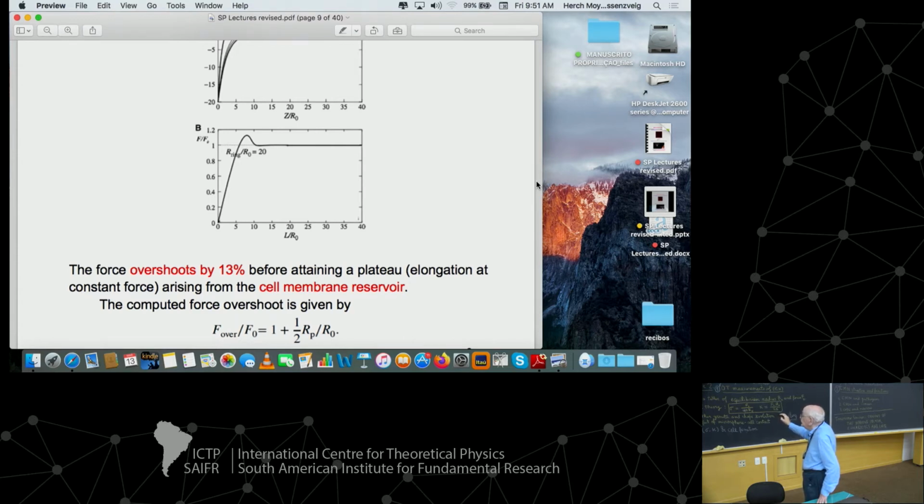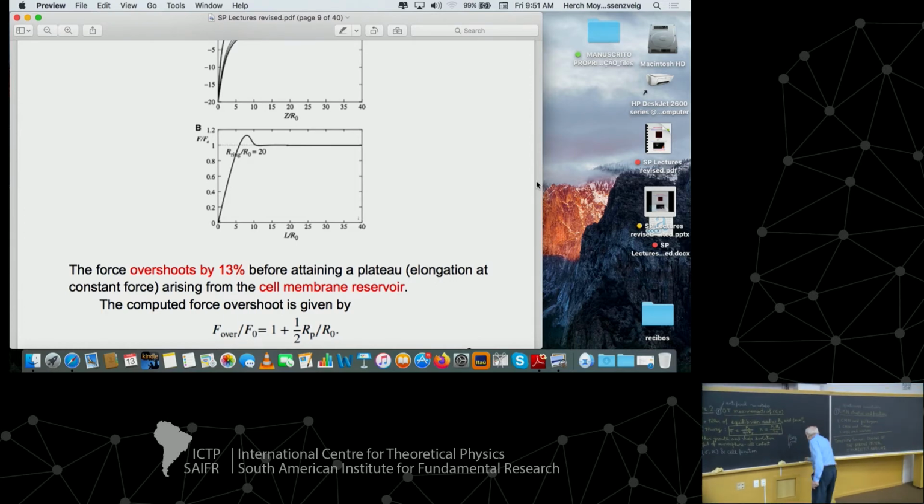This is the fact that it's not a point attachment, but the microsphere is attached to a whole area in the cell membrane. And that area has radius RP, P for patch. Okay, so this is what you compute in this way.